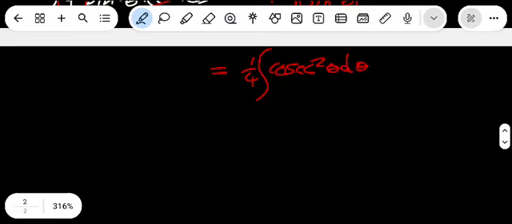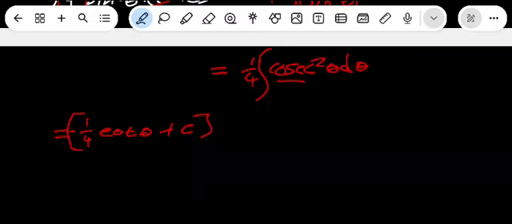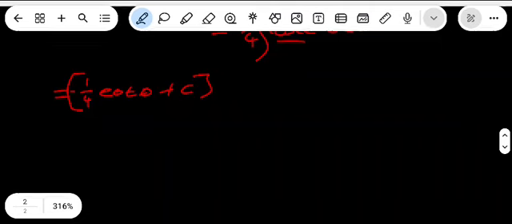So 1 over 4, the integral of this will be negative cot, so it would be minus 1 over 4 cot theta plus constant c. So this is what we have, but let us go to the x world, because here we're in the theta world.